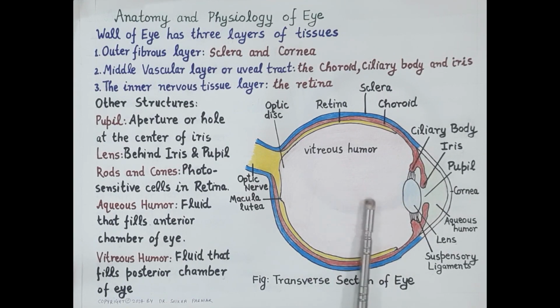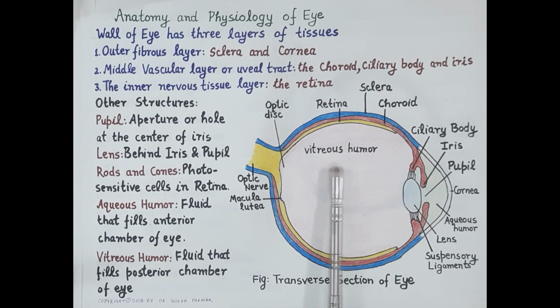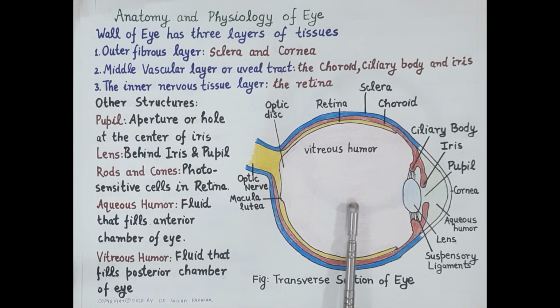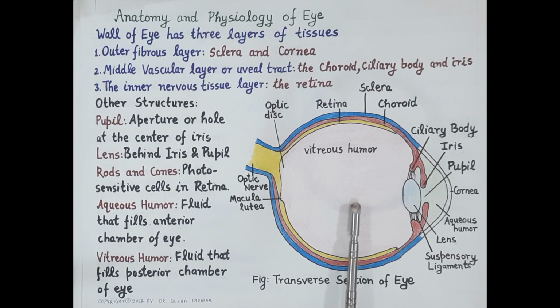Now, behind the lens is present the vitreous body or the vitreous humor. This is also a fluid. It is a soft, colorless, transparent, jelly-like substance. It is composed of 99% water, some salts and mucoproteins.